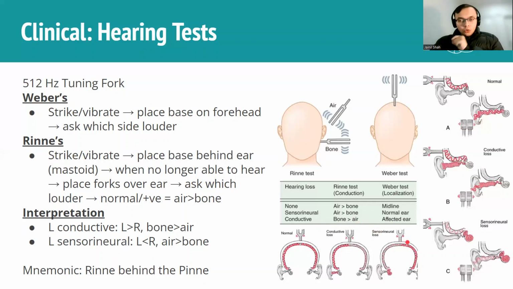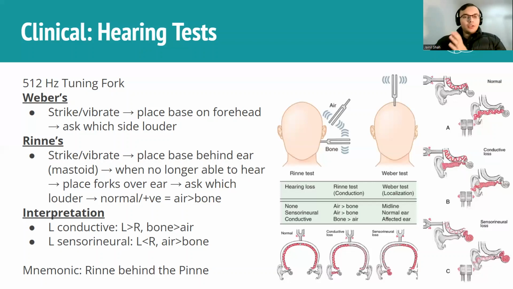In sensory neural hearing loss, right, air is still louder than bone because the air conduction pathway is unaffected. What's affected is the vestibulocochlear organ, but the air conduction remains intact. And so even though you have sensory neural problems, air conduction should sound louder than bone conduction, and you should have a normal Rinne's test.